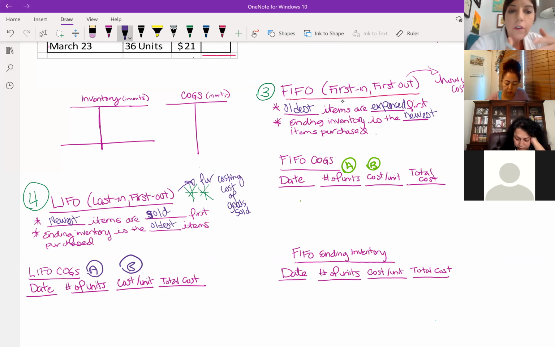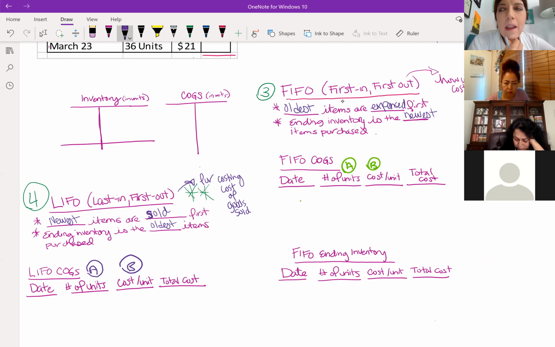It's the opposite of FIFO. For LIFO, especially in inflationary periods, which most of the time we're in, costs are rising. LIFO is going to provide the greatest cost of goods sold, so the highest expense, the lowest gross profit, and the lowest taxable income. So the lowest tax basis. So it's going to save companies money in the amount of taxes they will have to pay each period.